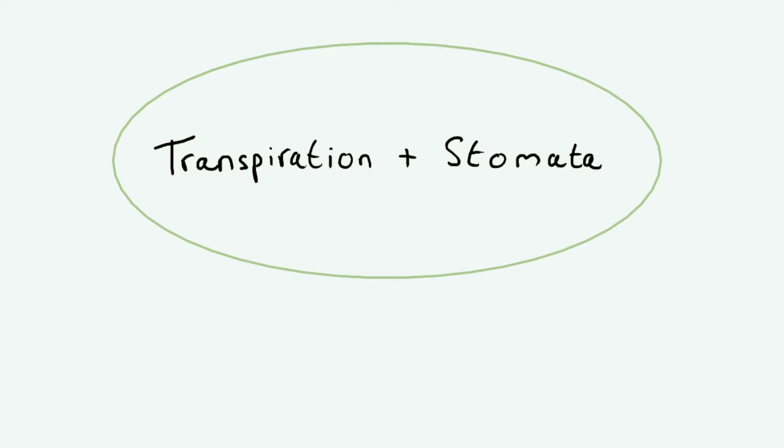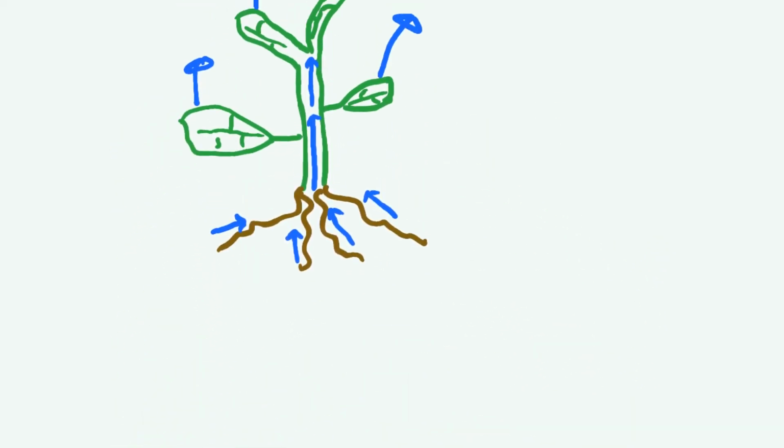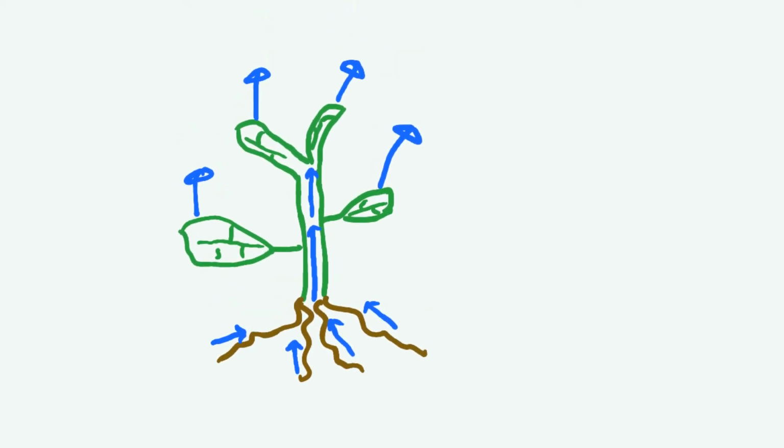Alright, now, first of all, I'm going to go back to a diagram, a picture which I drew, which isn't very good, but it was to show the transpiration stream. So the blue arrows are showing water, which is lost, first of all, from the leaves, okay? And that creates the transpiration stream, which causes water to be basically sucked up the xylem vessels in order to replace it.